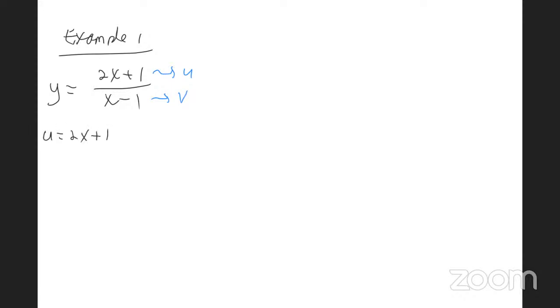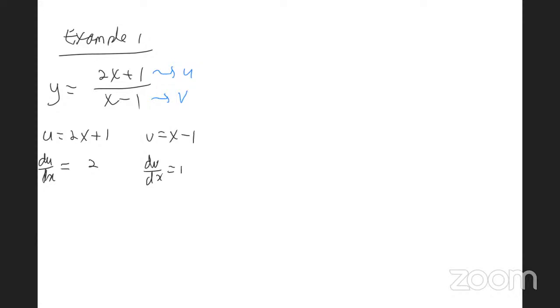So u is equal to 2x plus 1 and v is equal to x minus 1. All right, so are we doing the same thing as before? Find du dx. What's du dx, Darion? 2, very good. And dv dx, Malini? dv dx is what? 1, nice.